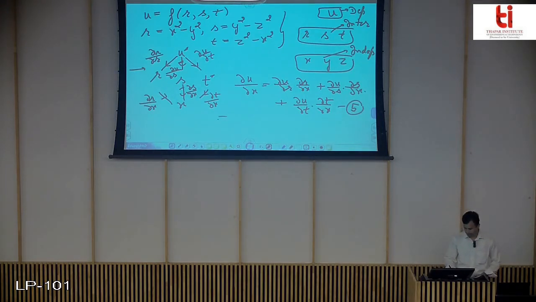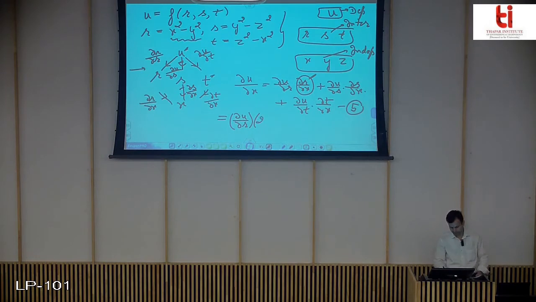So now let us see what we can obtain from here. Del u by del r remains as such, because u is not given explicitly in terms of r, s and t; it is given as some sort of function. Del r by del x, you can differentiate from here.